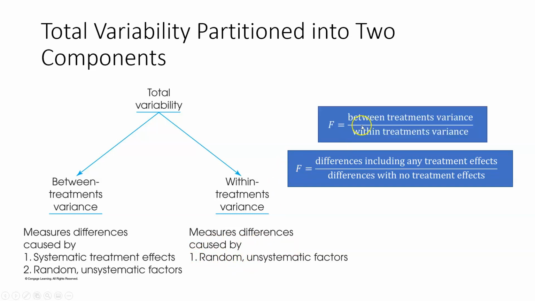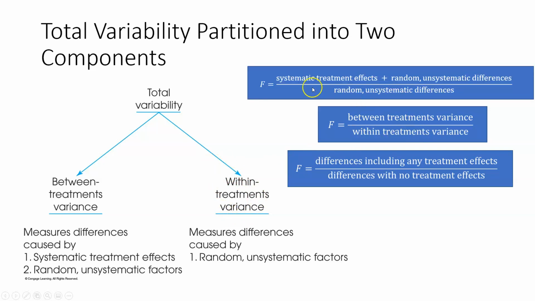Another way of saying that would be to say F is equal to between treatments variance divided by within treatments variance. You could also say instead that the F statistic is the systematic treatment effects plus random unsystematic differences, and we divide that by the random unsystematic differences. So it's both of these combined divided by just the one alone.